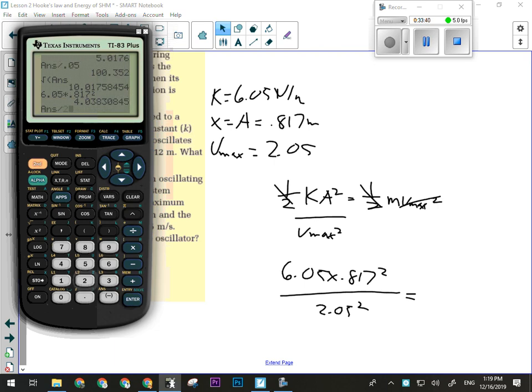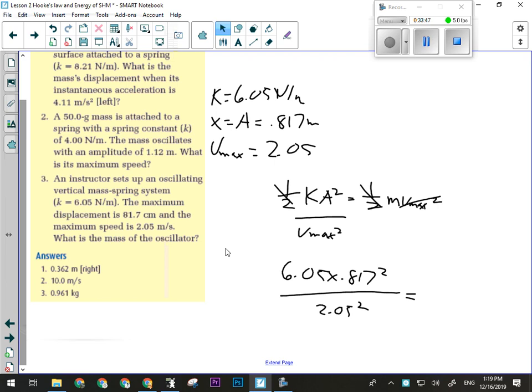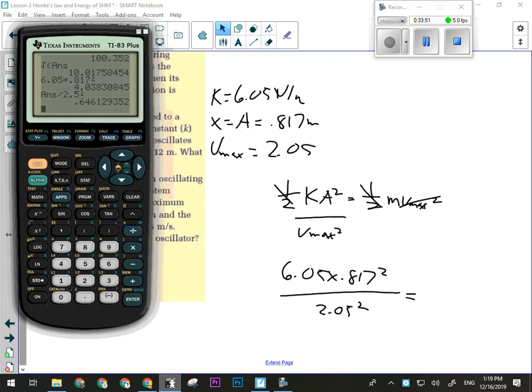And then we divide that by 2.05 squared. So we're looking at a mass here of 0.646. Whoop. Did I type something wrong? I did. I put 2.5 instead of 2.05.